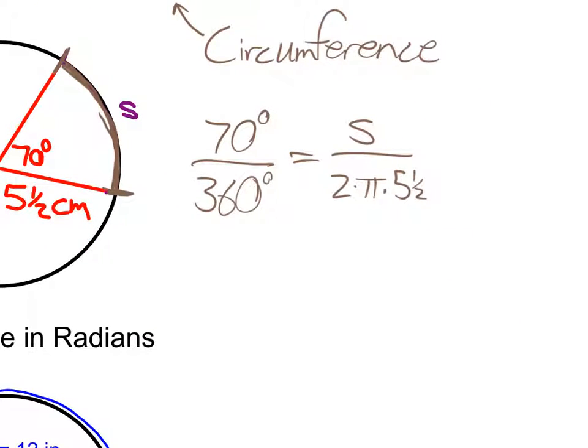Do we keep this answer in terms of pi? It kind of depends on the application. If it doesn't have any kind of context, you can do that. Typically the problem will tell you to round to so many decimal places.